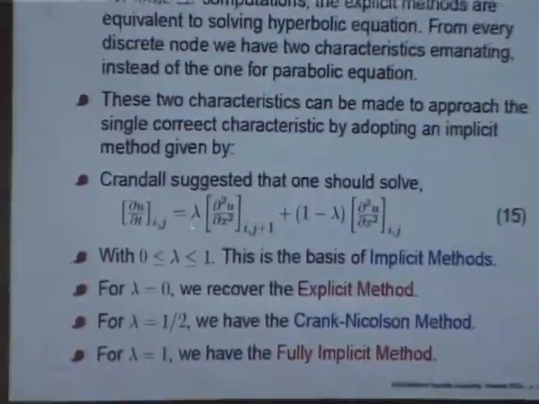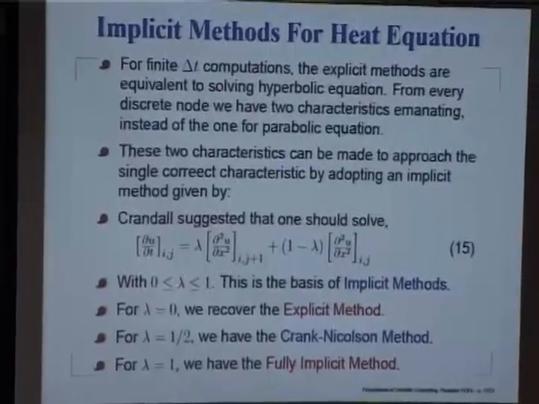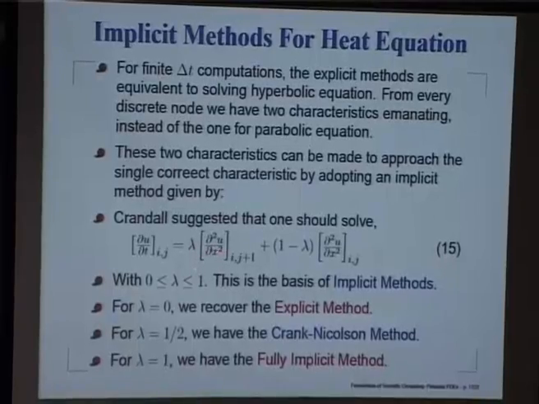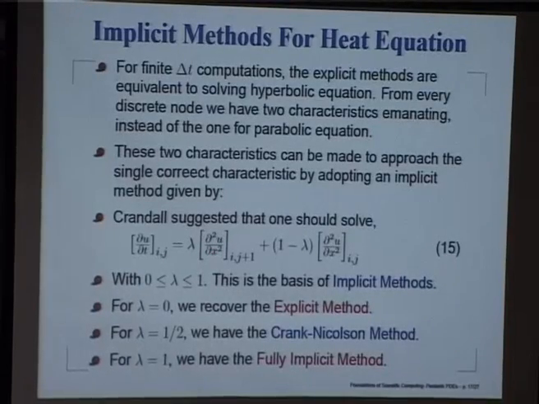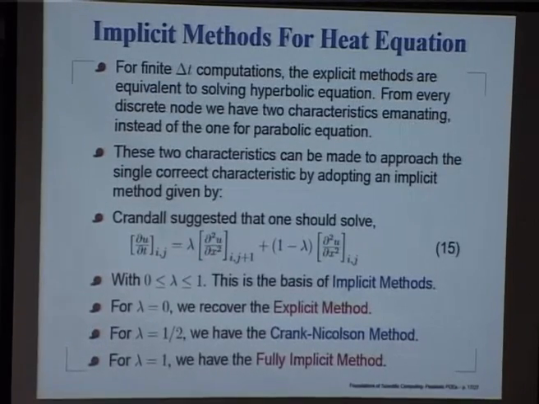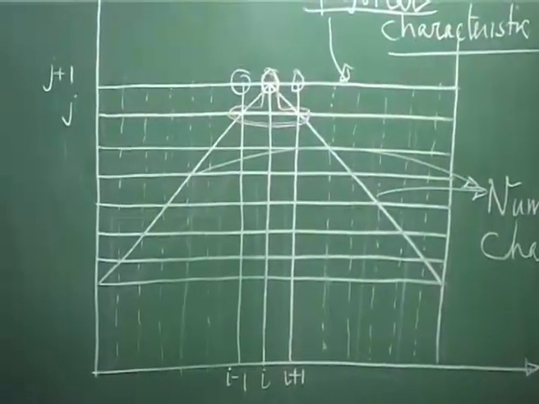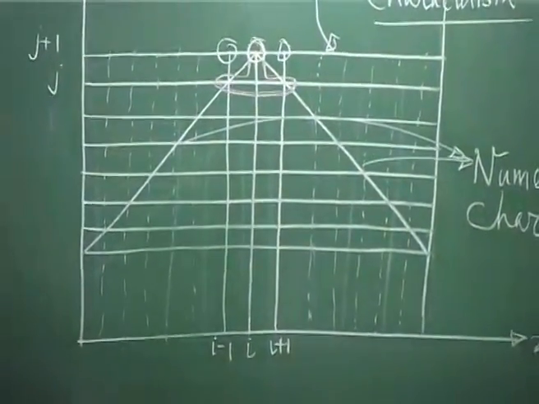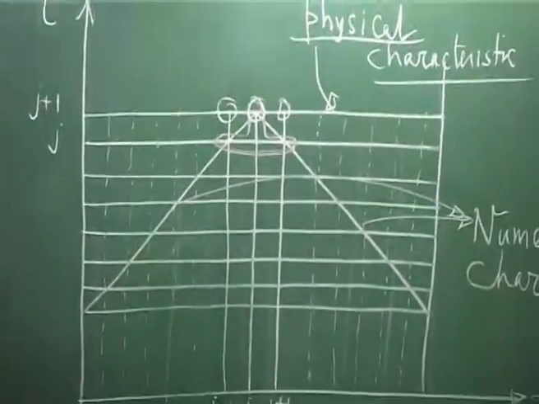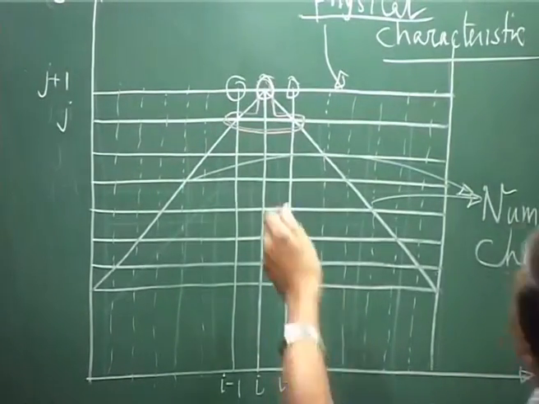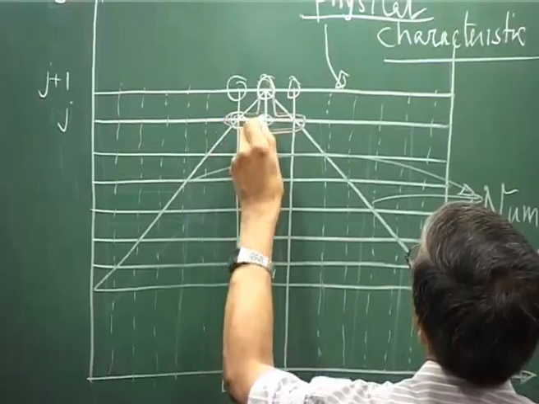How is the weighting done? Of course, lambda has to be between 0 and 1. If I do this, the first term would involve these 3 points, because I am evaluating that at the j plus 1th level. So that is what we are going to do, whereas the 1 minus lambda times Uxx are those 3 points that we had before.